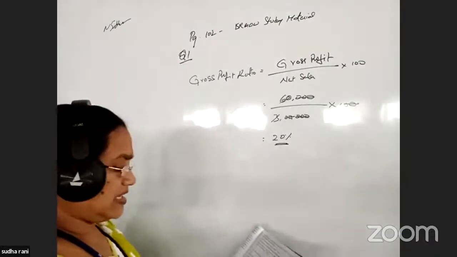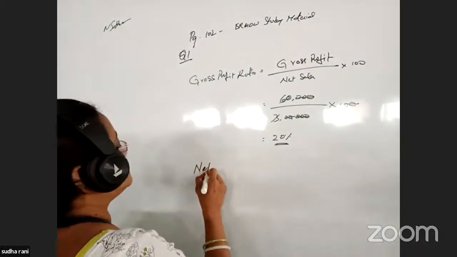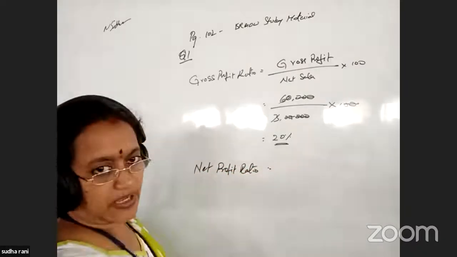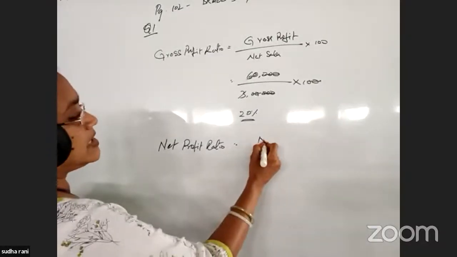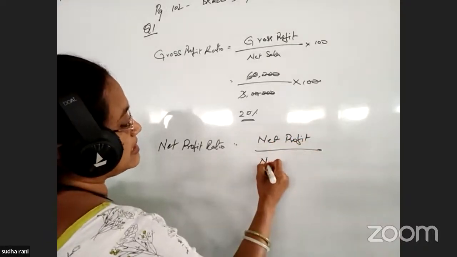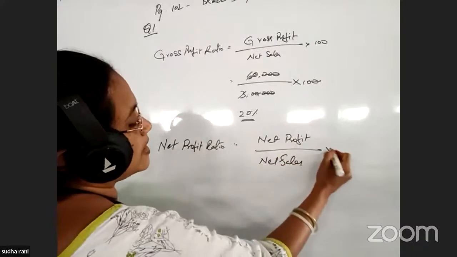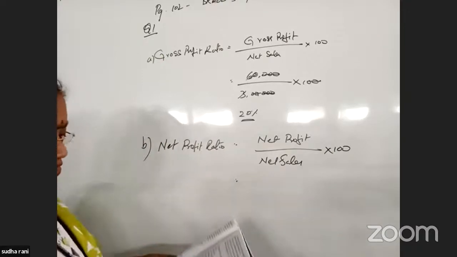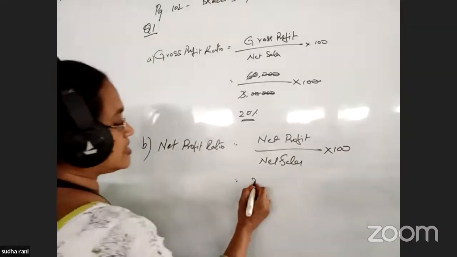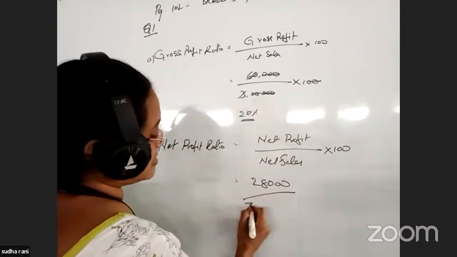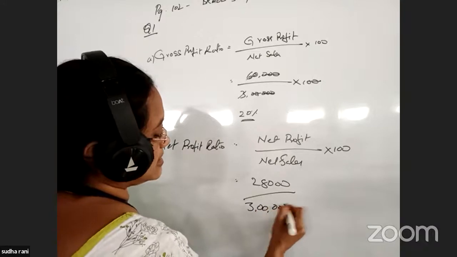The next one is the net profit ratio. Net profit ratio is net profit by net sales into 100. Net profit given in the question is 28,000, by net sales of 3 lakhs, into 100.